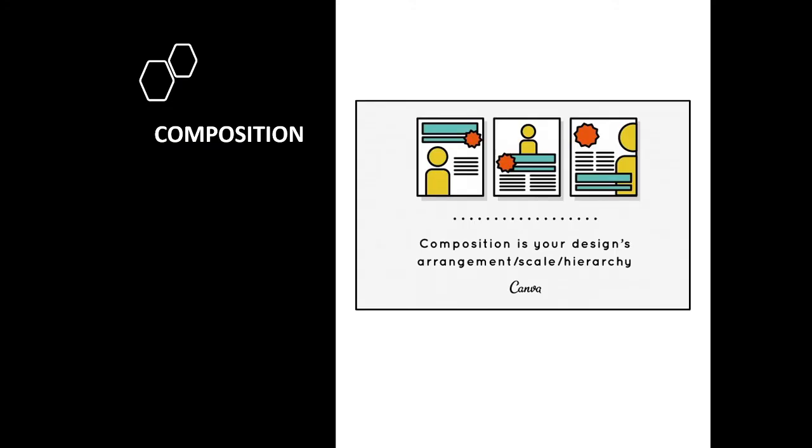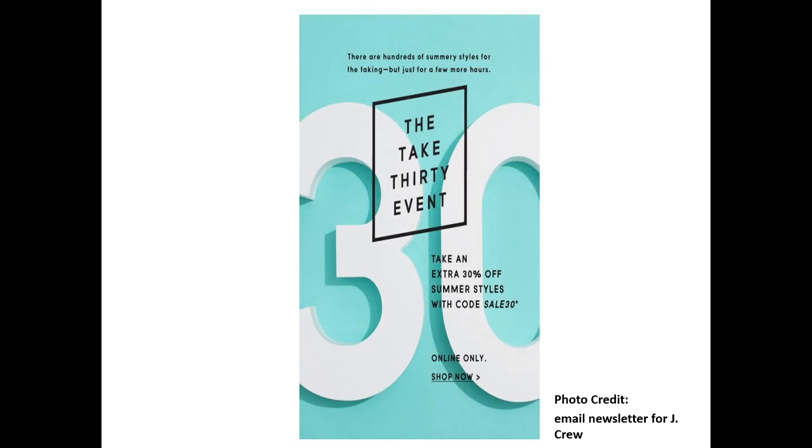Composition, on the other hand, is your design's agreement, scale, and hierarchy. Ano yung pagkakasunod-sunod ng inyong image? It refers to the overall arrangement of elements in your design. So this is an example of hierarchy.